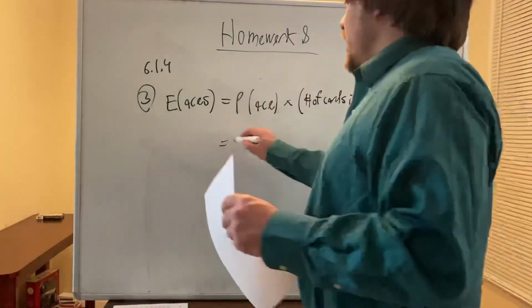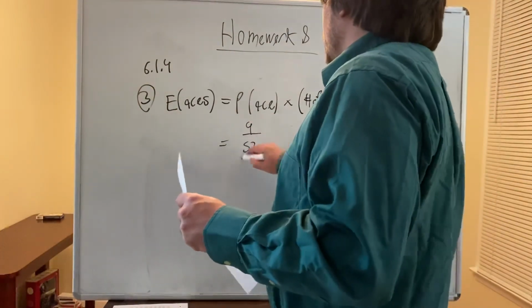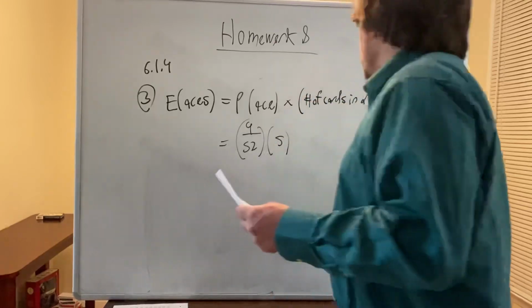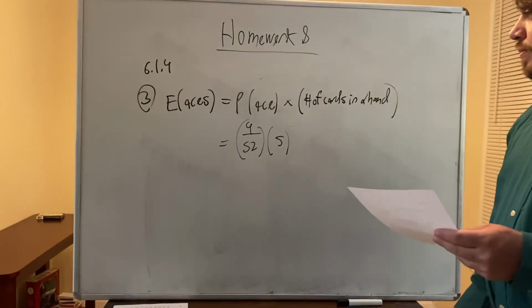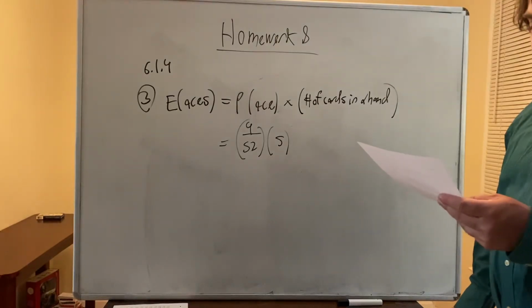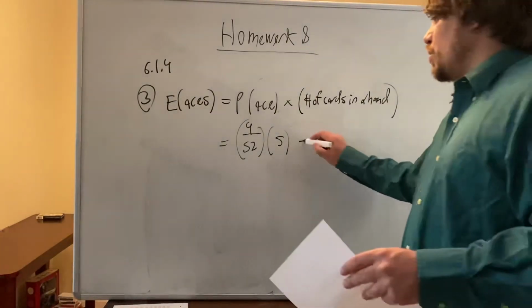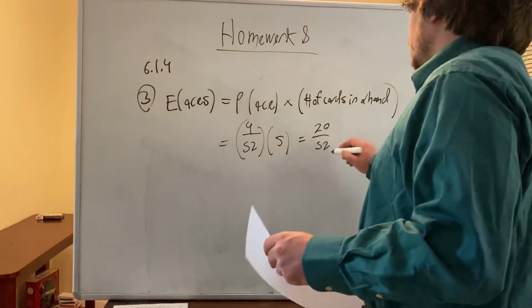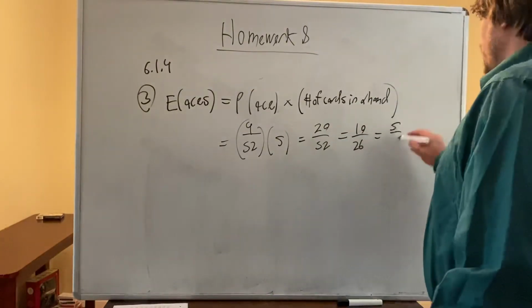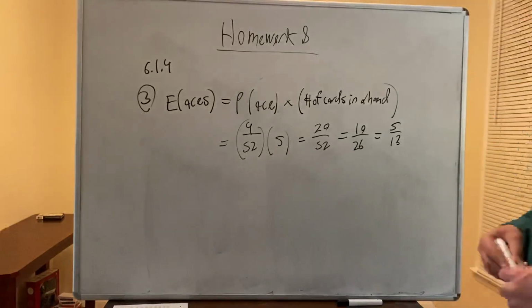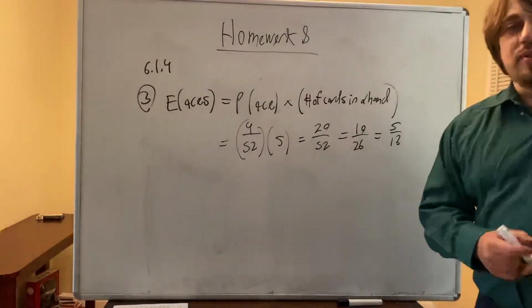The probability of an ace is just 4 over 52 times the number of cards in your poker hand. And so that's just 20 over 52. In simplest form, that can be 10 over 26, getting simpler, 5 over 13. And so the expected value of aces is 5 over 13 as a fraction.